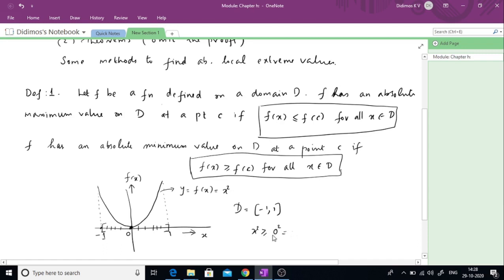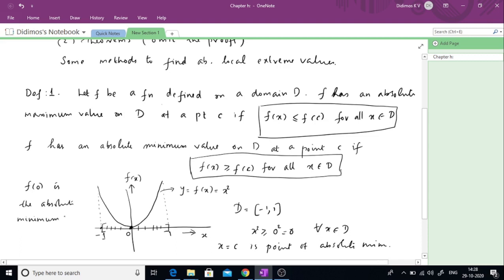So this says that x square is always greater than or equal to 0 for all x belongs to D. So this shows that the point x equal to c is the point of absolute minimum, or you can say that this f of 0 is the absolute minimum value of f of x, say f of x equal to x square in D. What is our D?